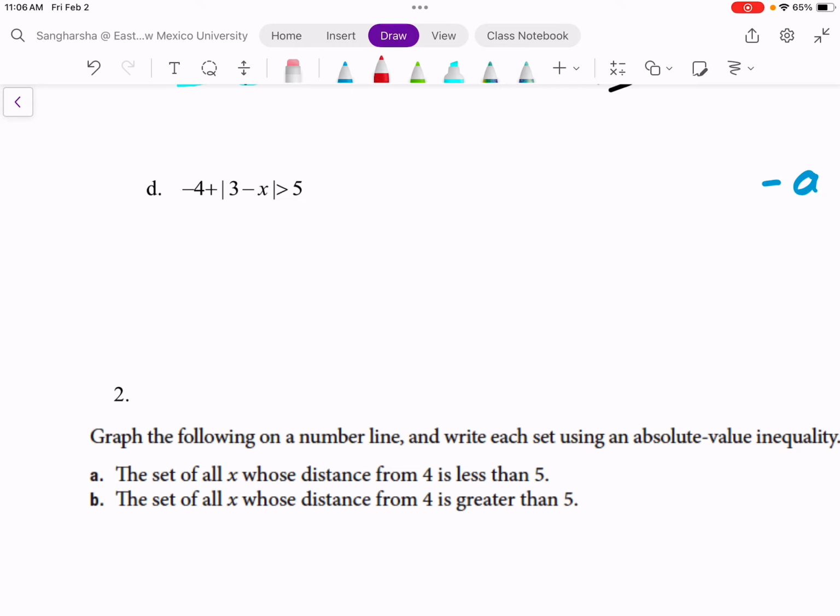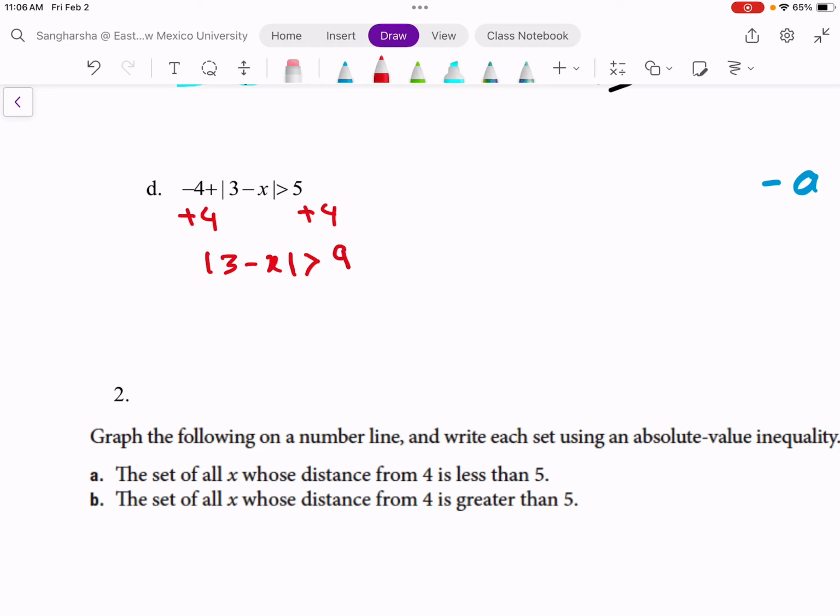Here we have to just have absolute value by itself on one side. We have negative 4 here, so let's get rid of negative 4 from the left side, and for that we add 4 on both sides. After that we have absolute value of 3 minus x is greater than 5 plus 4, 9.